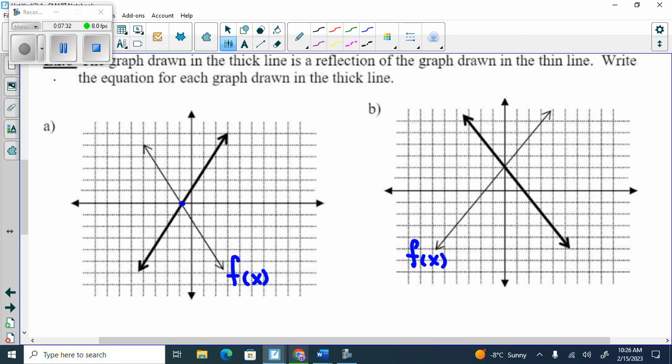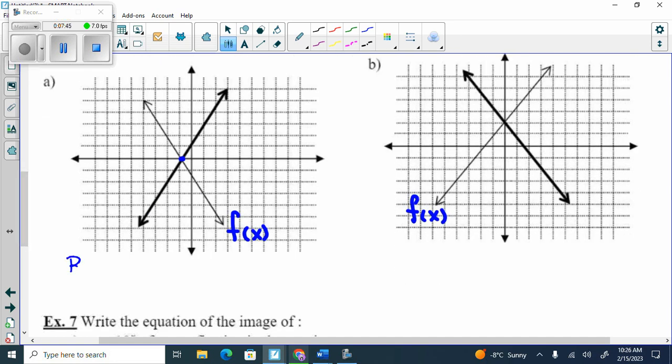Remember, wherever your invariant point lands is where the mirror is, correct? So that one is reflecting on the x. So if it's a reflection in the x-axis, what's actually being negated? The y's. So it's going to be y equals negative f of x.